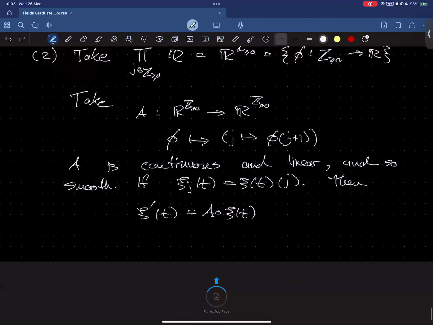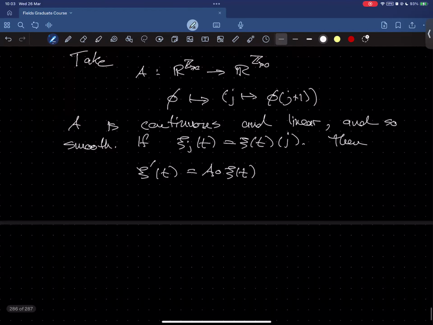So it's a very simple kind of differential equation.